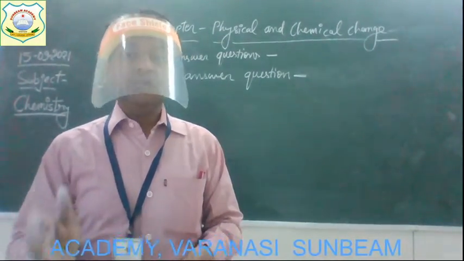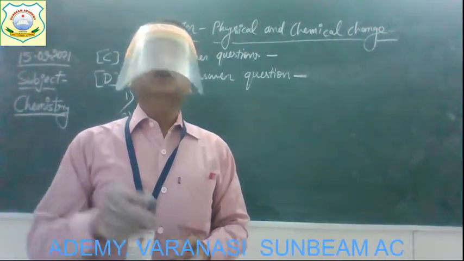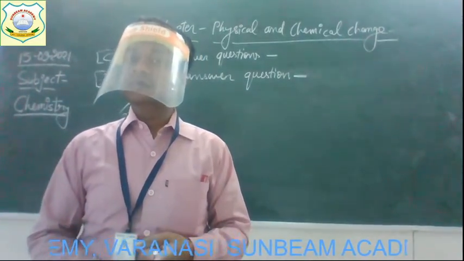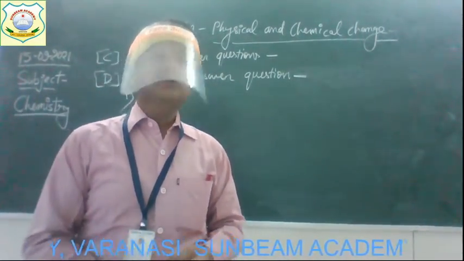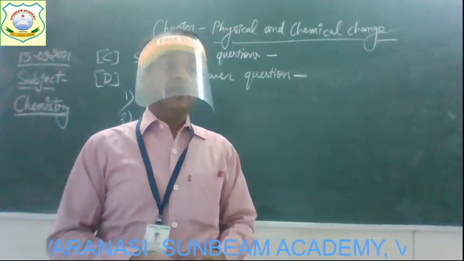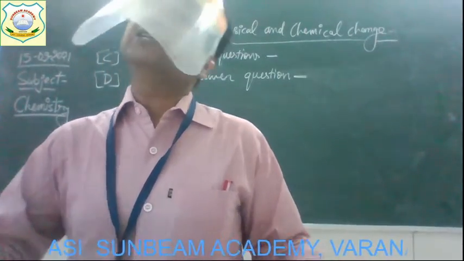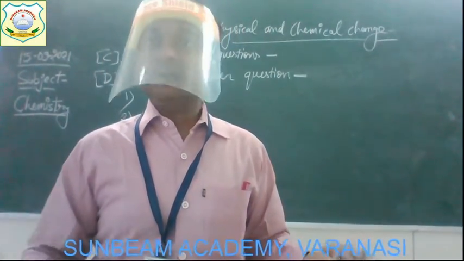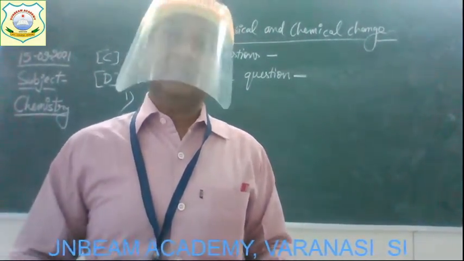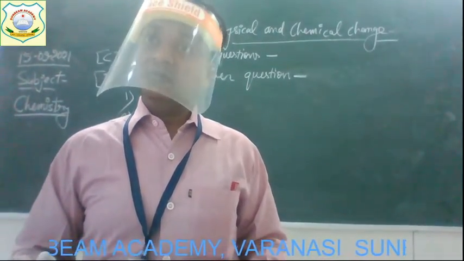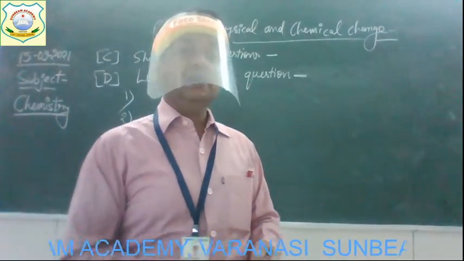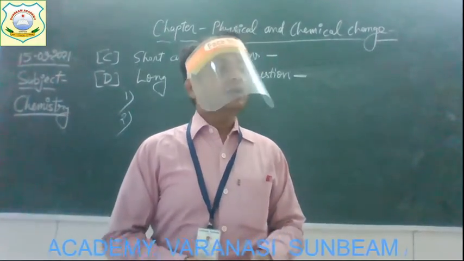When you add dilute hydrochloric acid to calcium carbonate, which gas will come? And how will you test this gas? Gas is coming, but how can we find out which gas it is? And write the chemical equation for both the reactions.